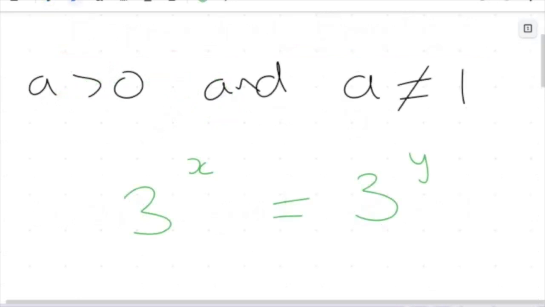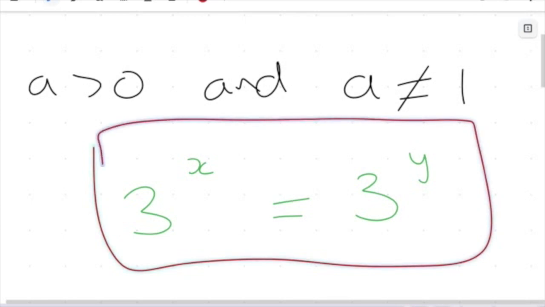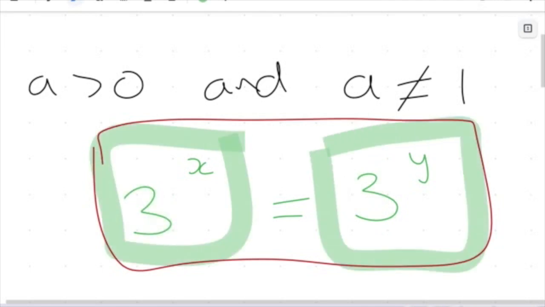Now let's have a look at this little example I've written down here. 3 to the power of x equals 3 to the power of y. You may notice both of these numbers have the exact same base. I have a base of 3, I have a base of 3. So whatever powers I input, these two expressions here are going to grow together, right?